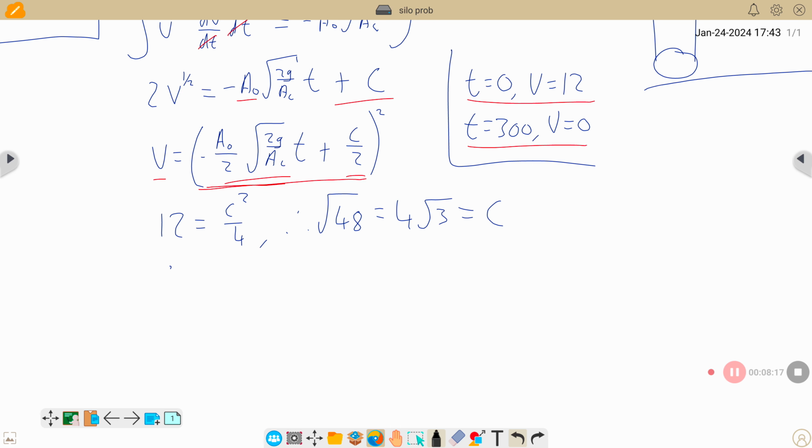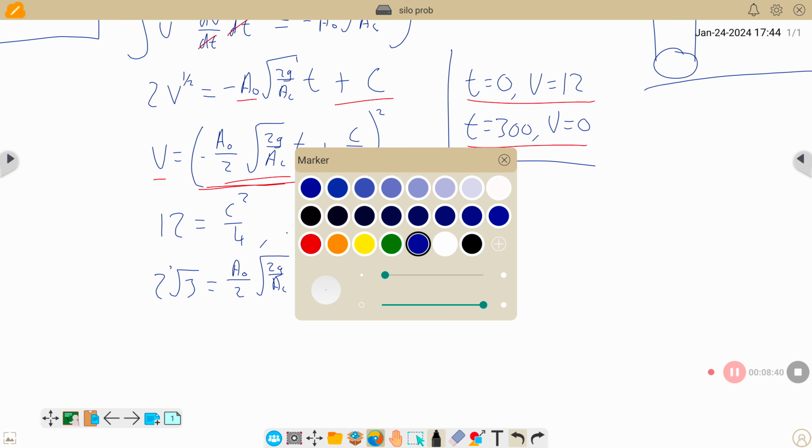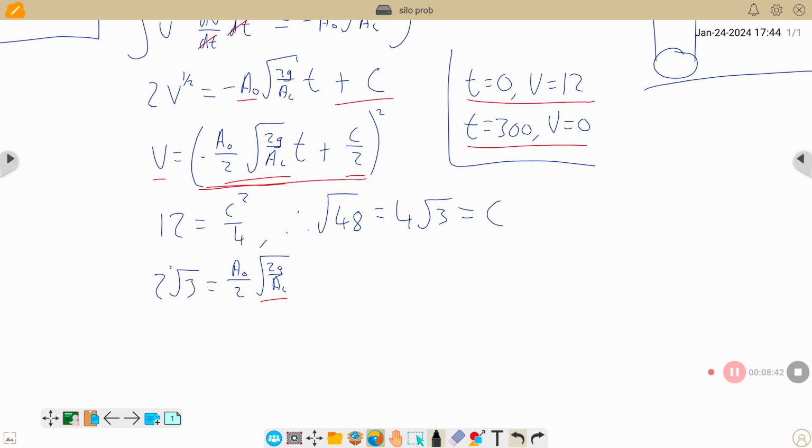well, c over 2 is just 2 root 3, because we know that c is 4 root 3 now. So 2 root 3 equals a0 over 2 root 2g over ac, and I can just rearrange for a0 here. So I can multiply both sides by 2 and then divide through by this whole root thing here.